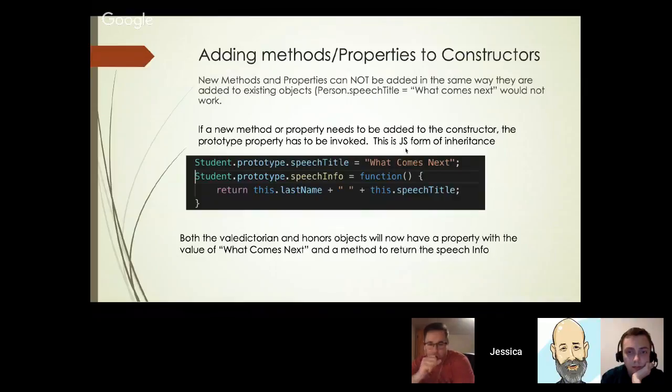I could have put anything there, or a space so that would be blank, but now both of them will have those two functions. I don't quite know the history behind prototype or why we have to use that, but that's the only way to add something to all of the objects that you've already created.